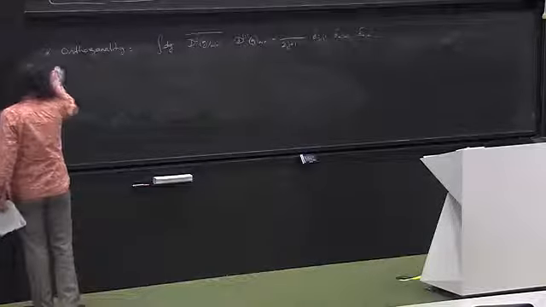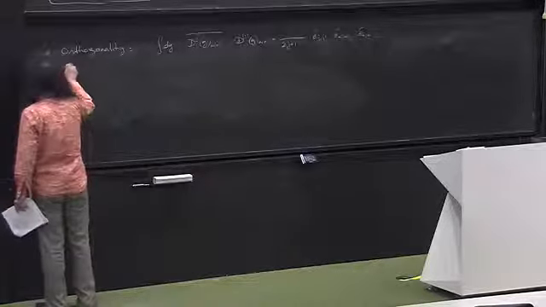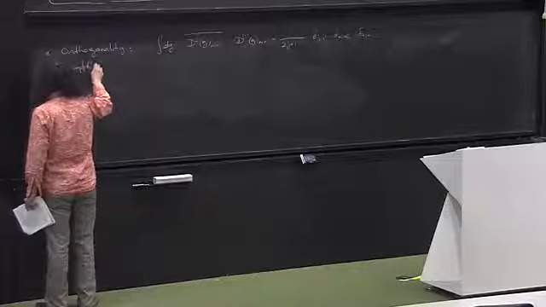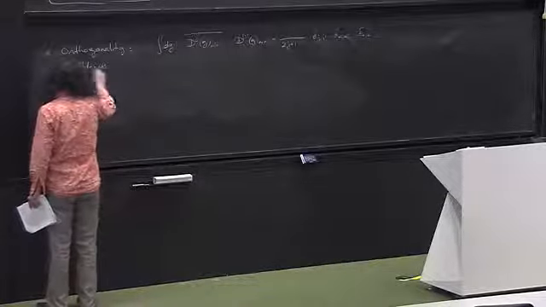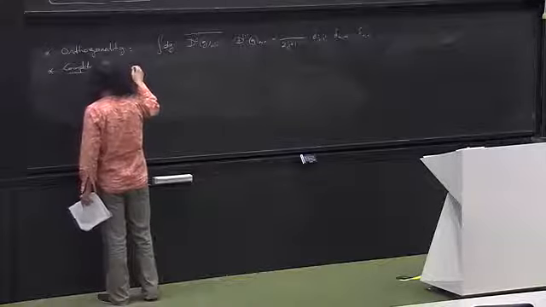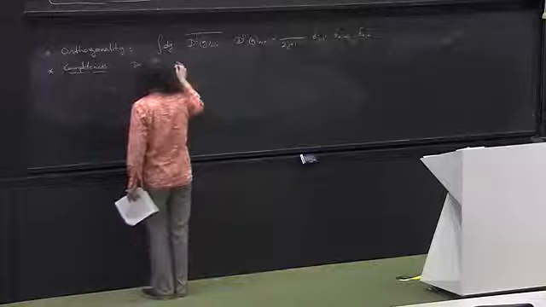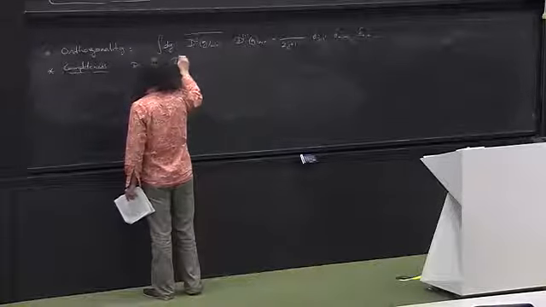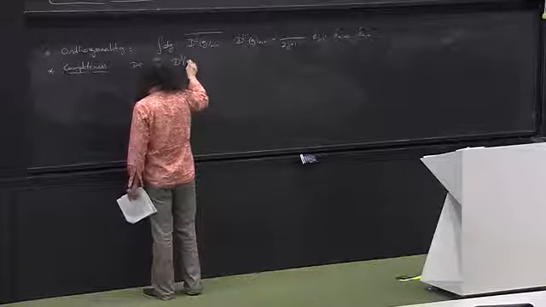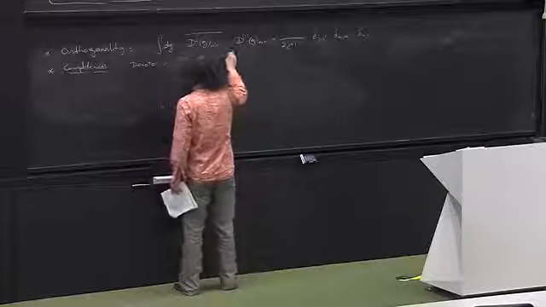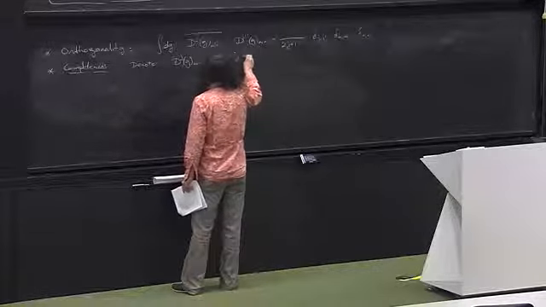And completeness, because that's the basis. Completeness. So denote those matrix elements as |g; j, m, n>.